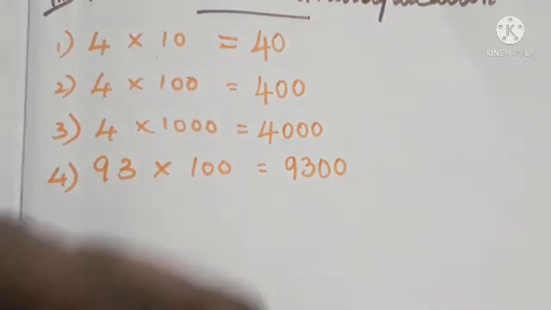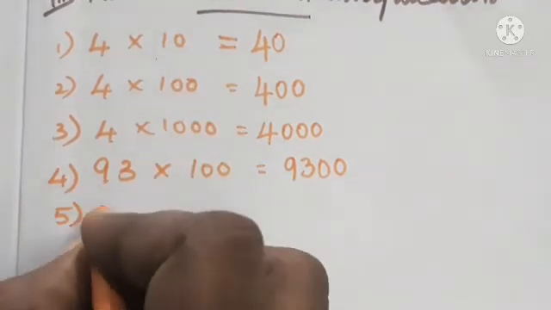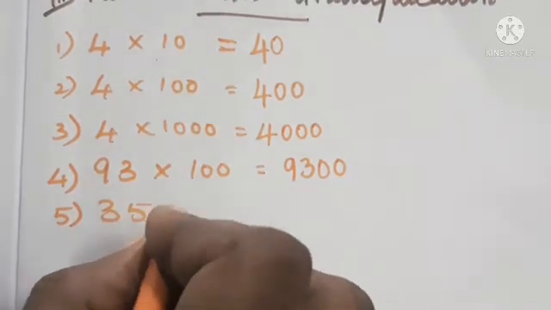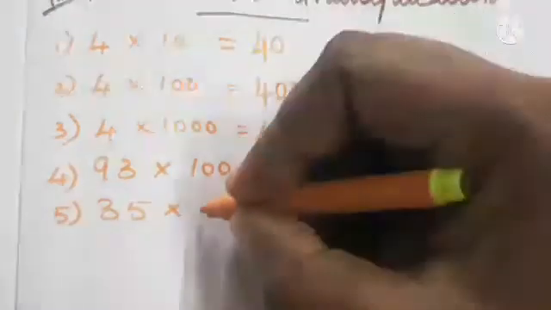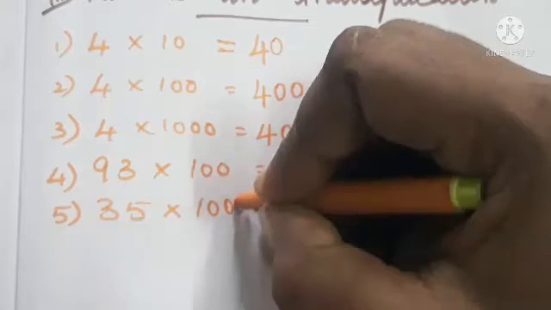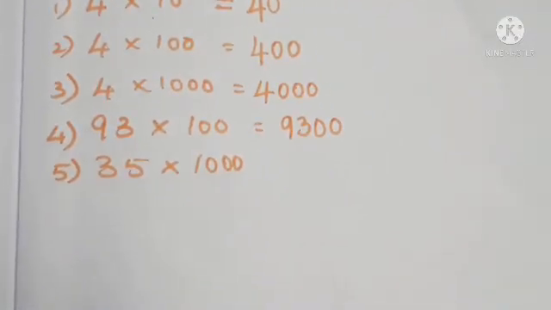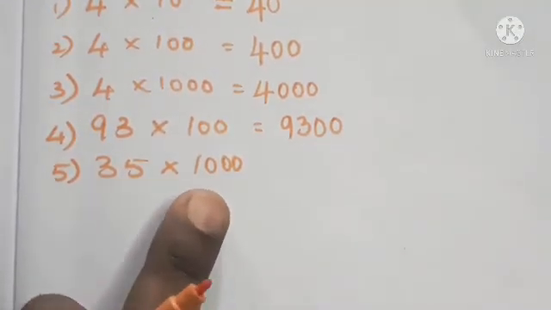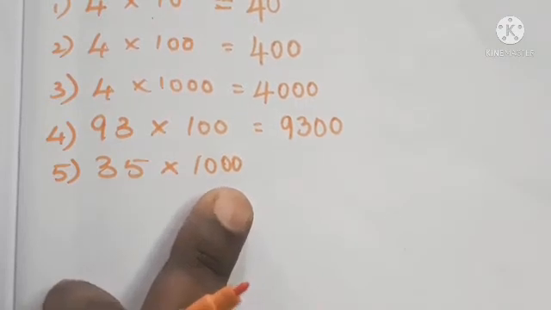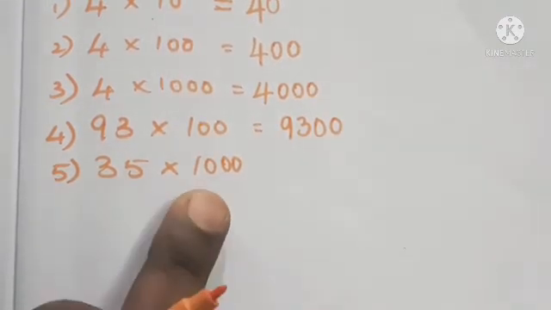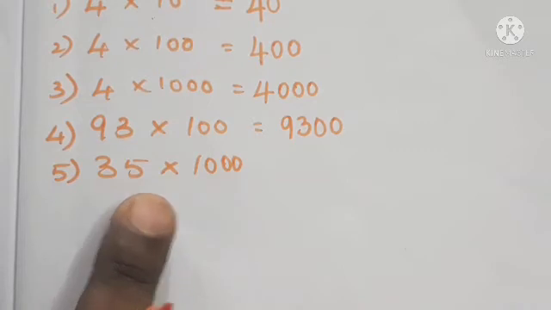Okay. The next we can see one more example. 35 into 1000. Okay, 35 into 1000. So listen, here also we have 3 zeros, isn't it? So we have to multiply 35 into 1. This is a very easy way. Okay? This is a pattern in multiplication.